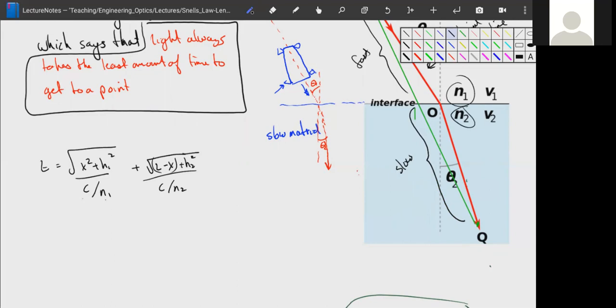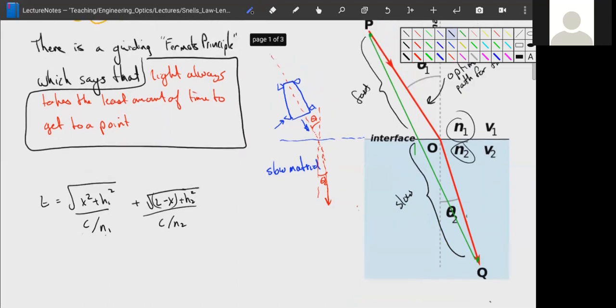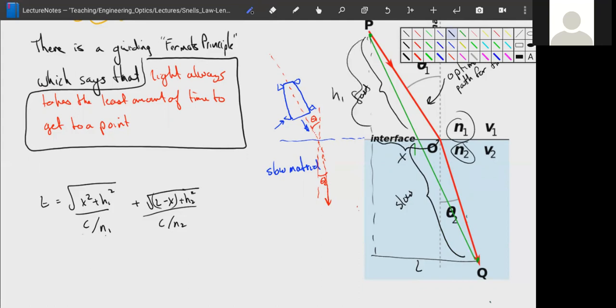By the way, let's define some distances here. This is L. This distance here is x, and this is h1, and this is h2. So you can see that we're really just looking at this length here.